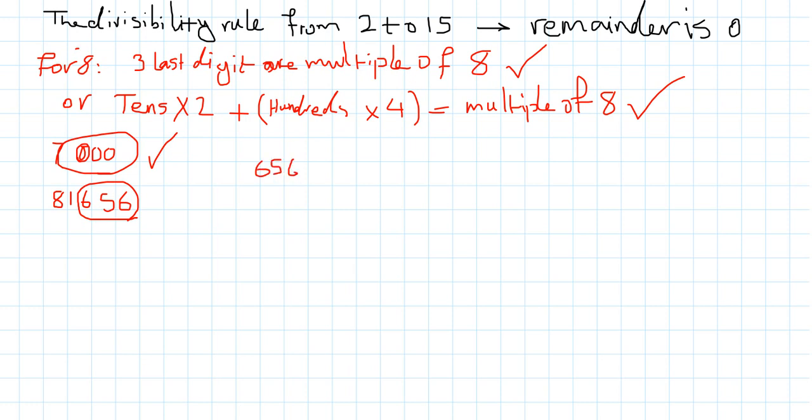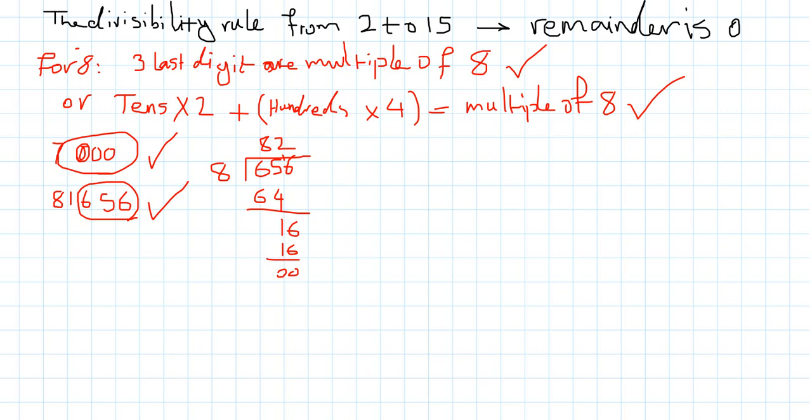Let's check by division by 8. 65 divided by 8, it is 8 times 8 is 64. So remained 1 and down 6. 2 times 8 is 16. So the remainder is 0. It shows that this number is divisible by 8.